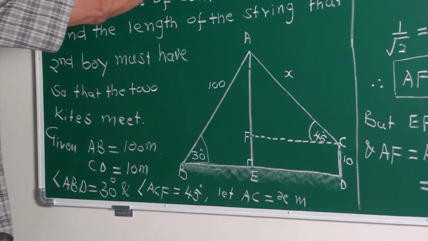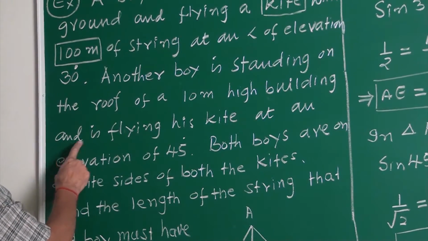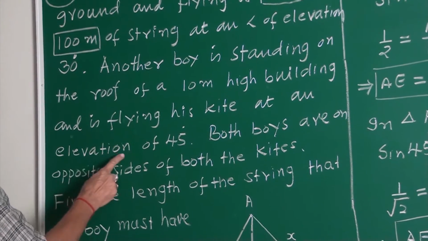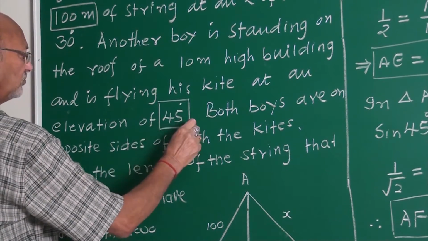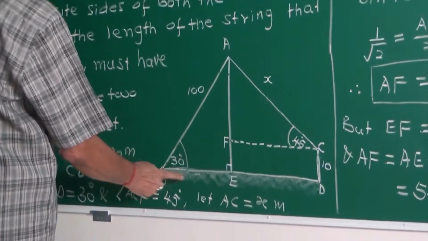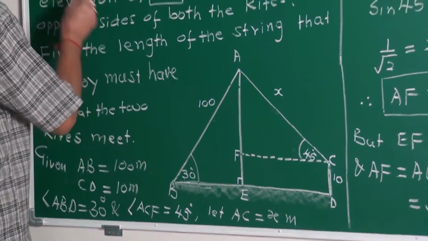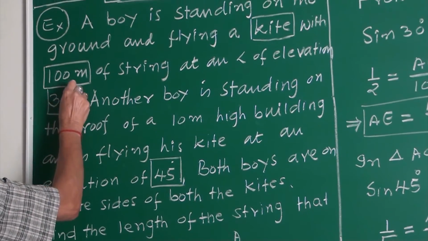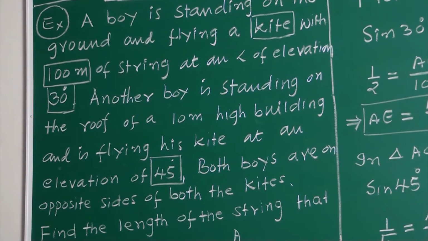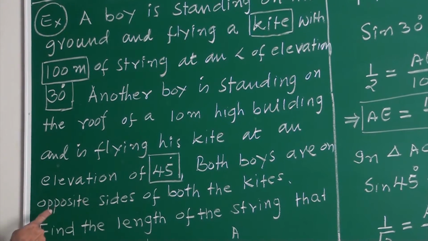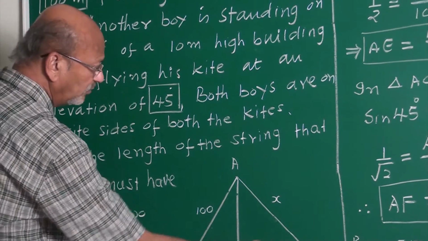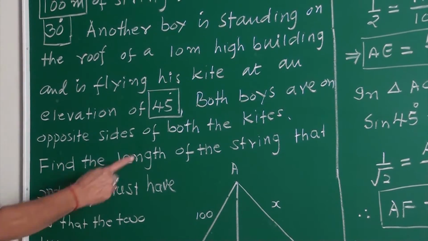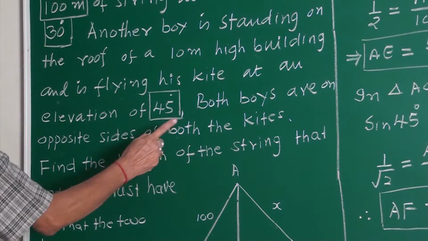The second boy is on a 10-meter high building and is flying his kite at an elevation of 45 degrees. Here the elevation is 30 degrees. Both boys are on opposite sides of the kites.